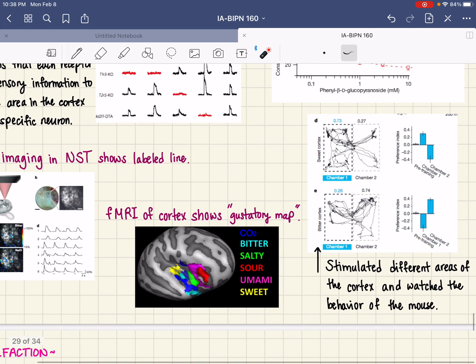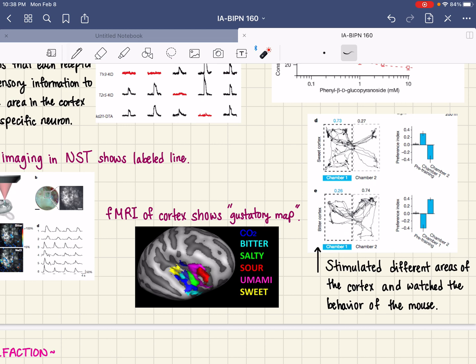Okay, and then the last research study that was done to confirm the labeled line theory of the gustatory pathway was not to inhibit the receptors or simply watch by some type of imaging. Instead, what they did is they stimulated different areas of the cortex and watched the behavior of the mouse.